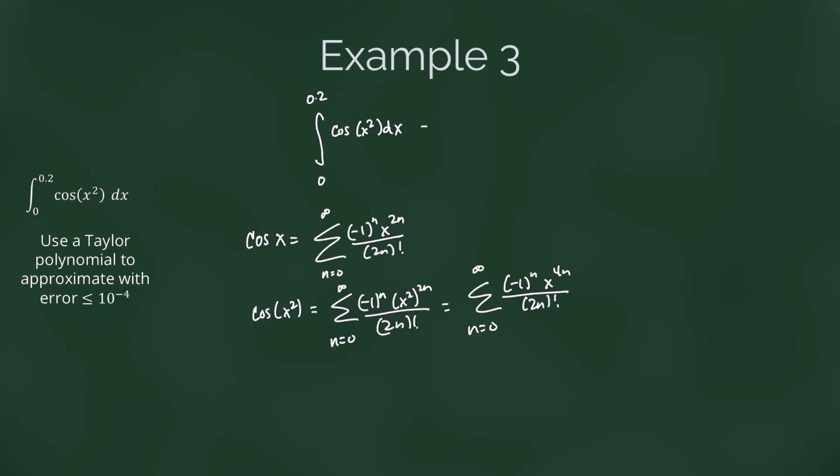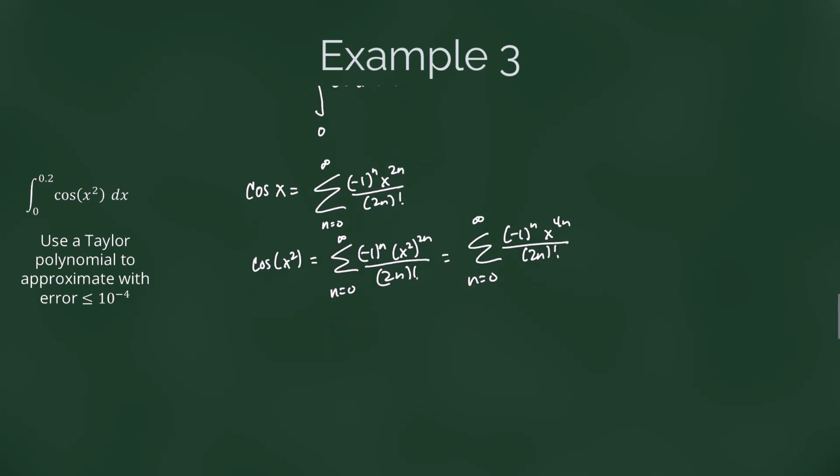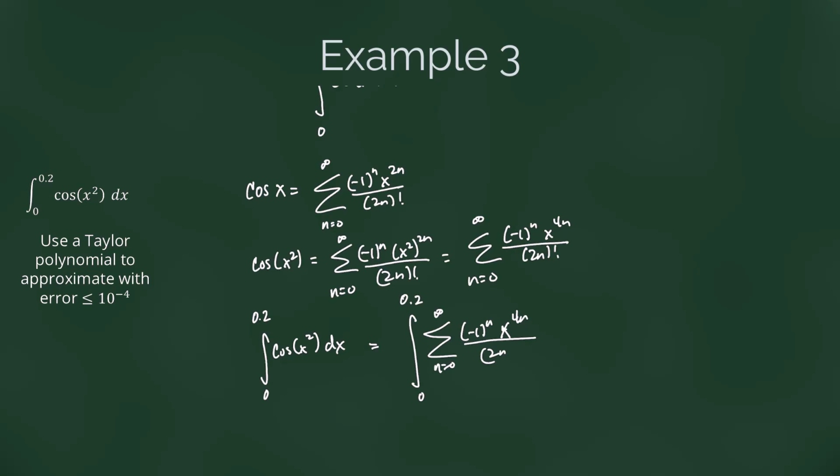So now if we want to integrate this, we can integrate the series. So the integral from 0 to 0.2 of the cosine of x squared dx must then be equal to the integral from 0 to 0.2 of this series with respect to x.